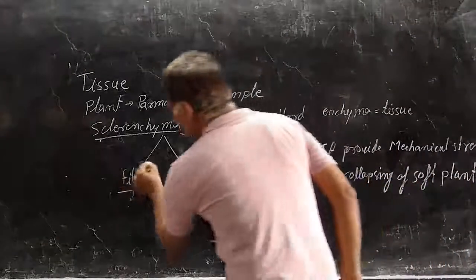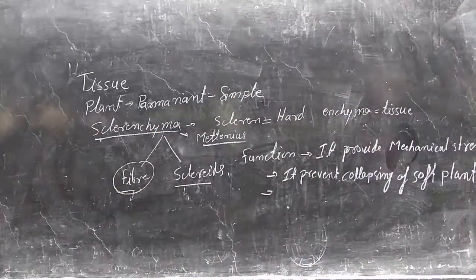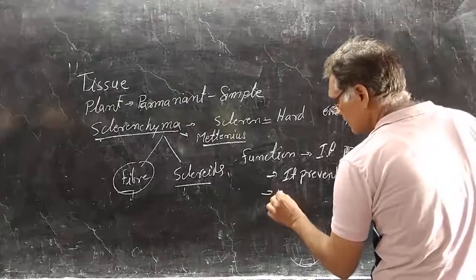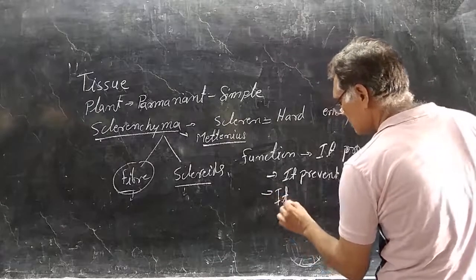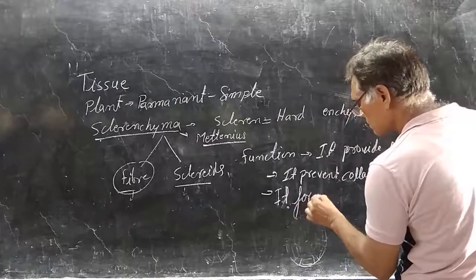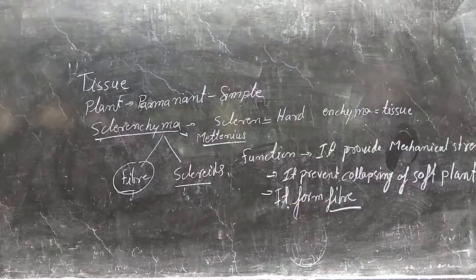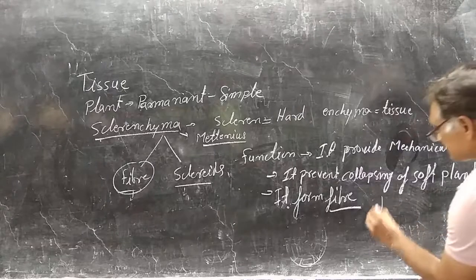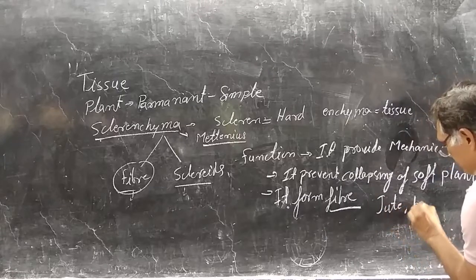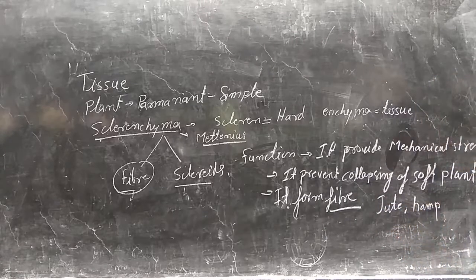These sclerenchymatous fibers help in the formation of fibers which are utilized commercially. Commercial fibers are obtained from plants, for example jute, hemp, and agave.